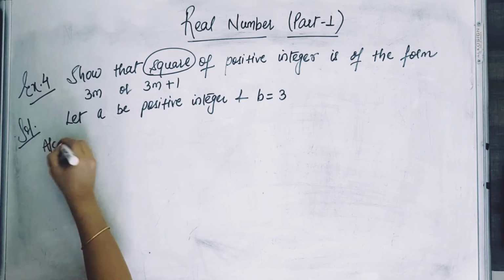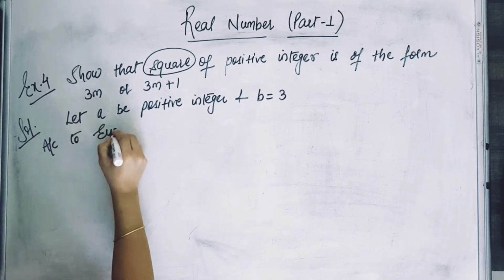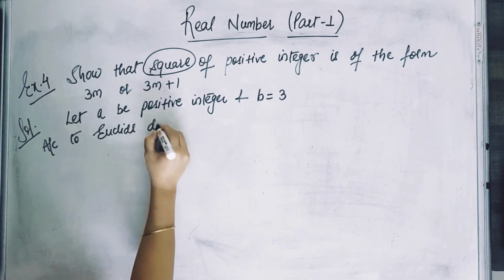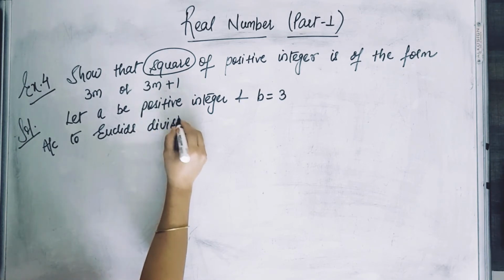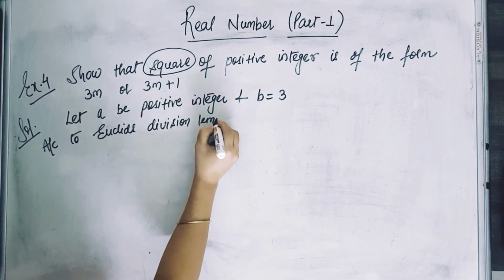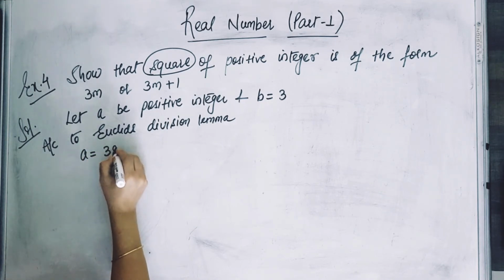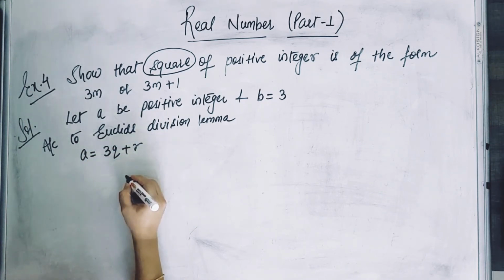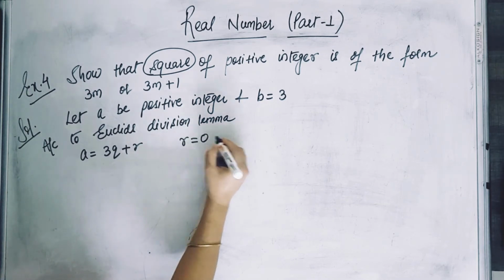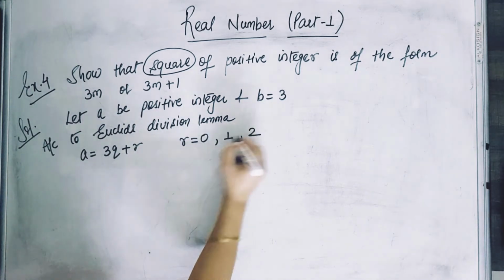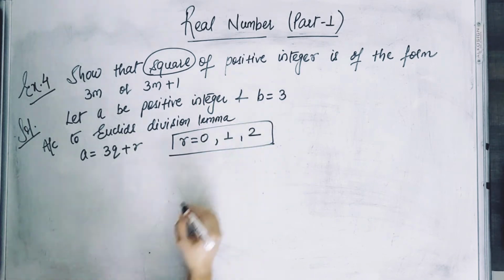Now according to Euclid's division lemma, we can write a is equal to 3q plus r, where r will be 0, 1 and 2, because it should be less than 3.